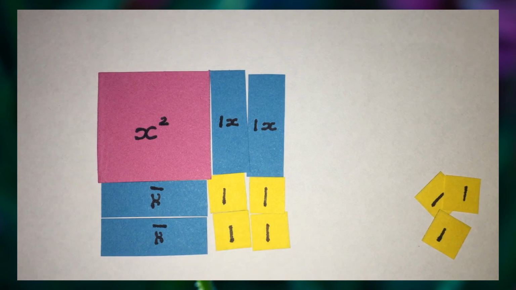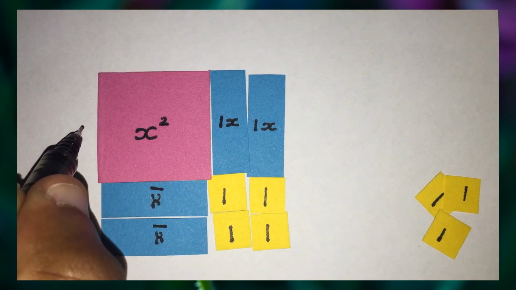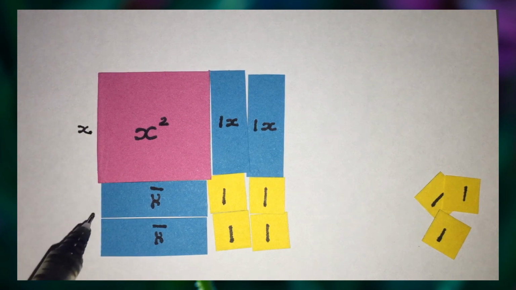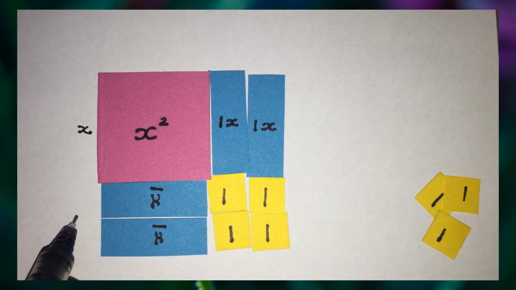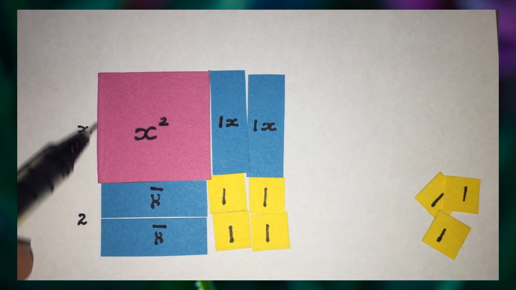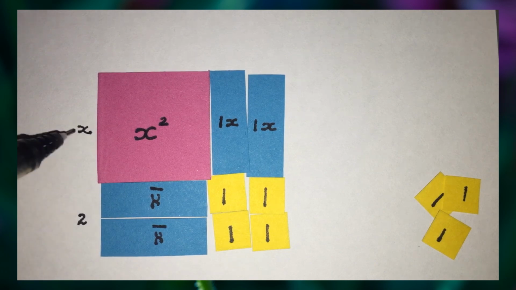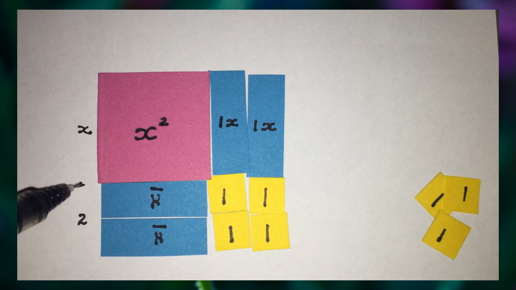To complete the square, I need to determine the measurements of the side. Remember, this would have been x, and this would have been 1, 2 x's, or just 2. Looking at the side, this is x, and this is 1 here and 1 here. So it becomes x plus 2.